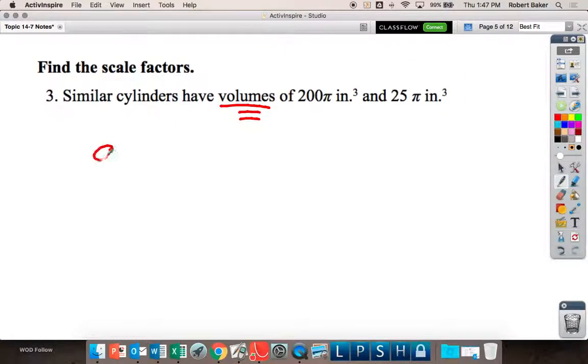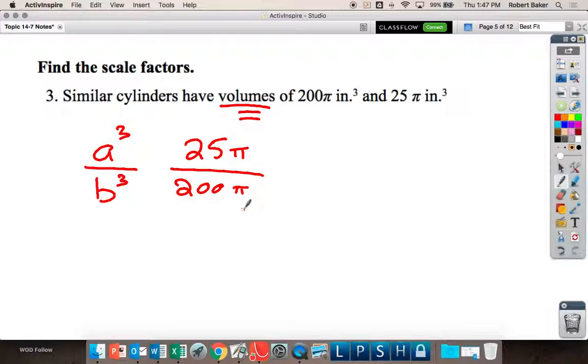So right now I have this. And then you get to pick big over small or small over big. It doesn't really matter. Small over big. So I have 25 pi cubic inches, and I have 200 pi cubic inches.